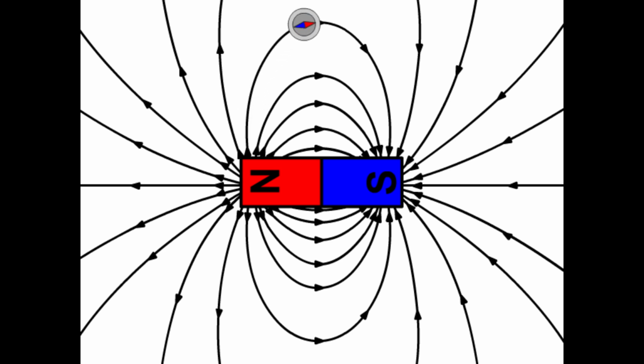Demagnetizing. When an object is to be demagnetized, its molecules must be disarranged as they are in a non-magnetized material.